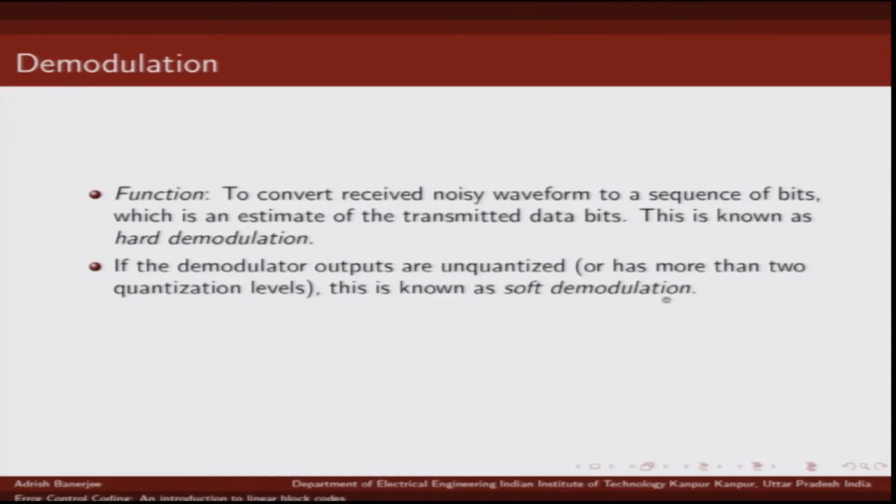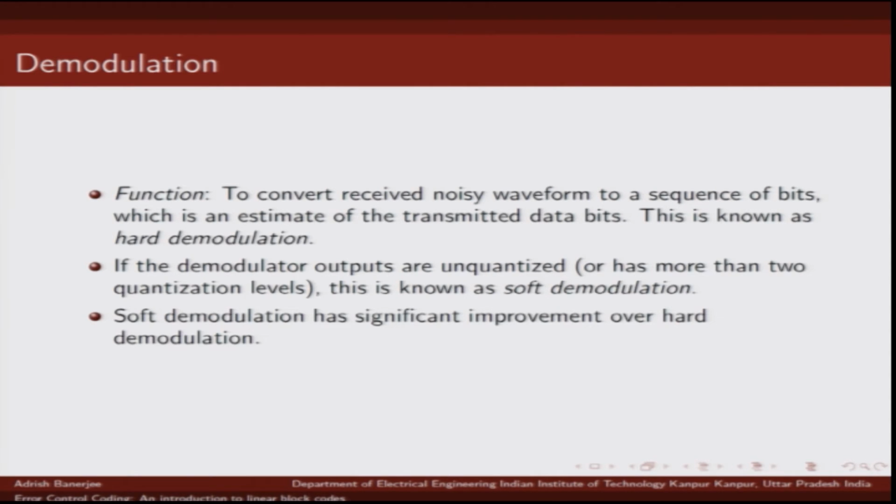In soft demodulation we would not just map 0.01 to 0, we would say it is 0 with probability 0.51 or 1 with probability 0.49. I am just giving an example. So we lose some information when we go for hard demodulation.